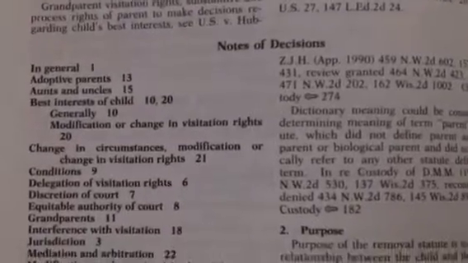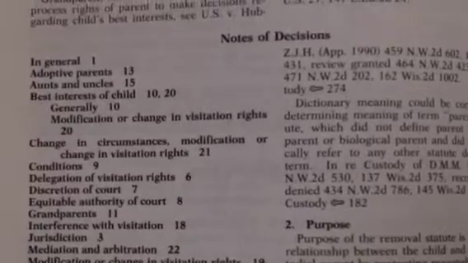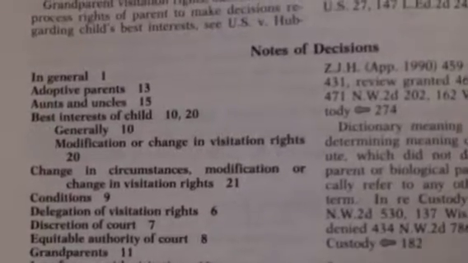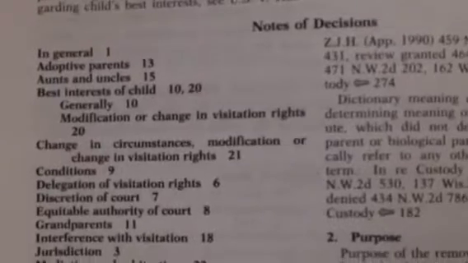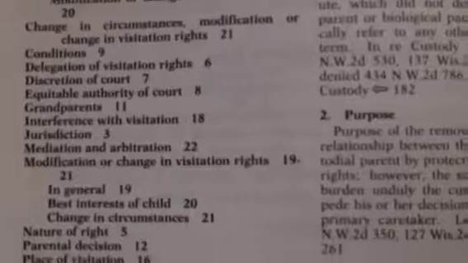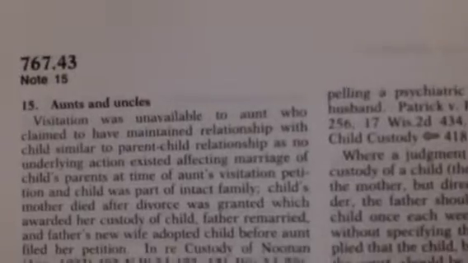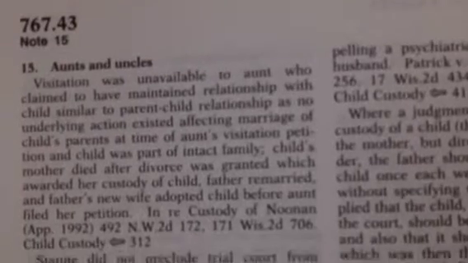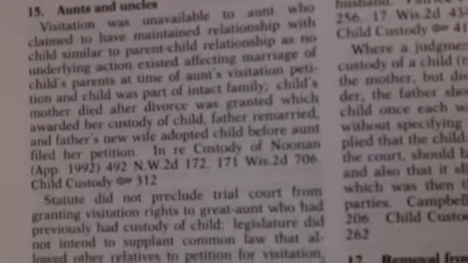And for example, if we wanted to look at whether aunts and uncles have the right to visit, we would look under aunts and uncles, which is number 15. We can look at parental decision-making, etc. Going to key number 15, we have all kinds of cases that discuss aunts and uncles.